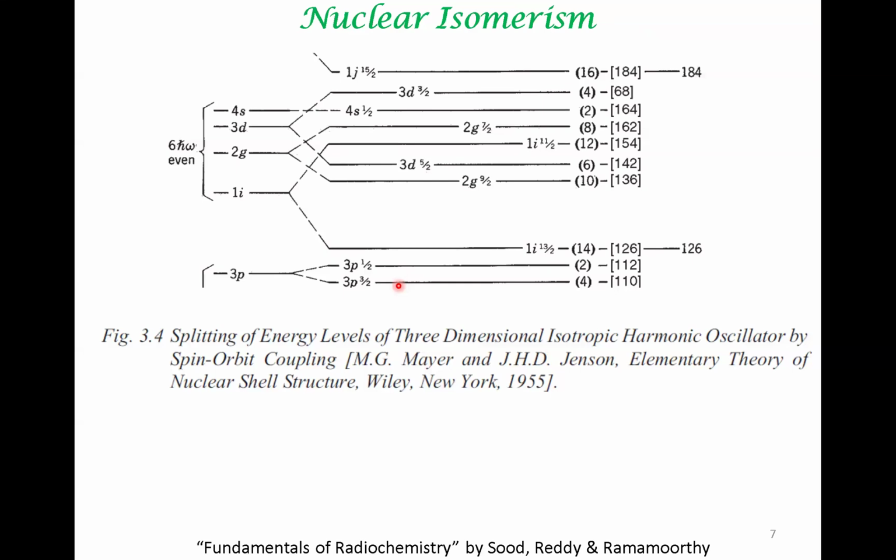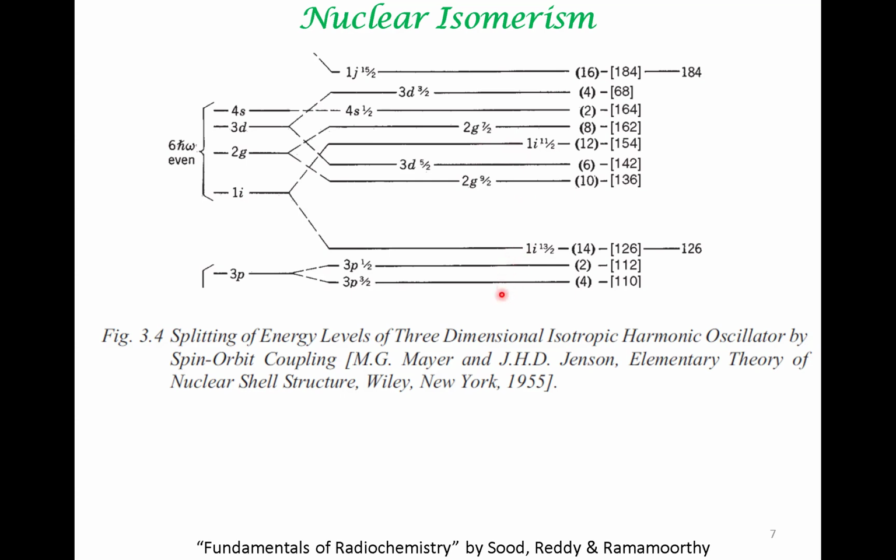There is also another feature, nuclear isomerism. Because of the coupling between L and S, the J states are widely separated, and the separation increases as you go to higher and higher N. They are so separated that one of the J states is very low in energy and the other J state is very high in energy.